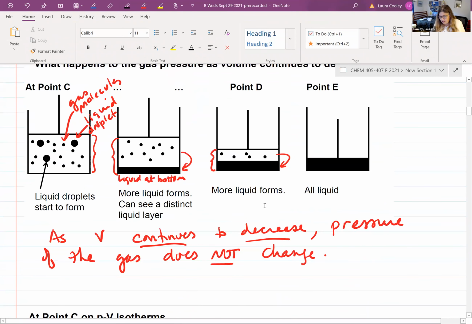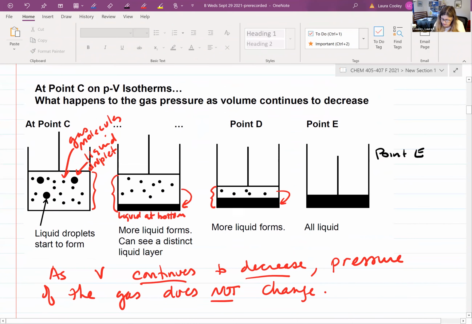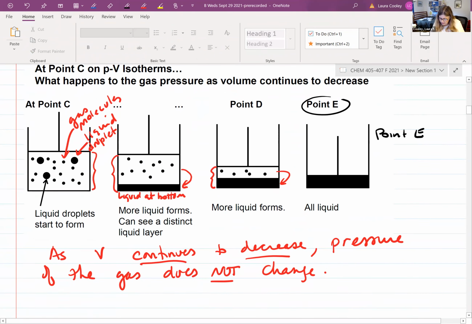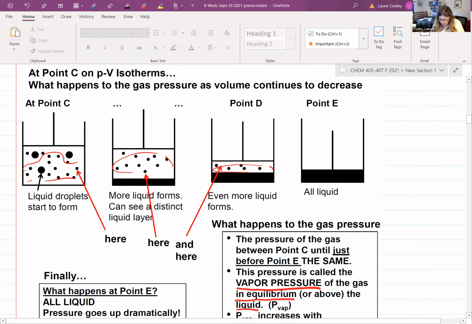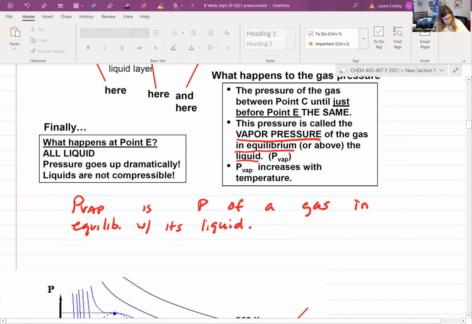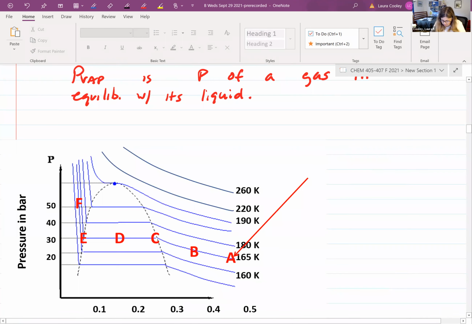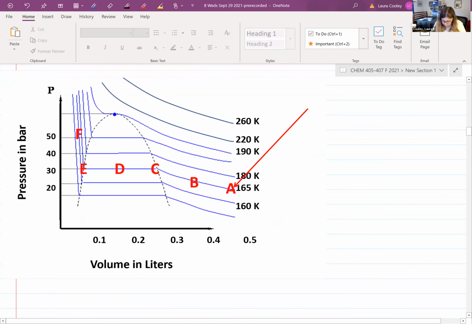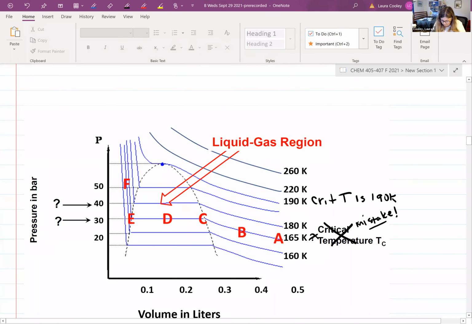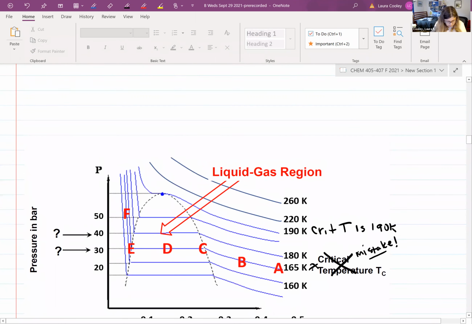This is point E. And now what happens if you continue to decrease the volume? The pressure skyrockets. But let me go back and talk a little bit more about what's going on in the horizontal part.